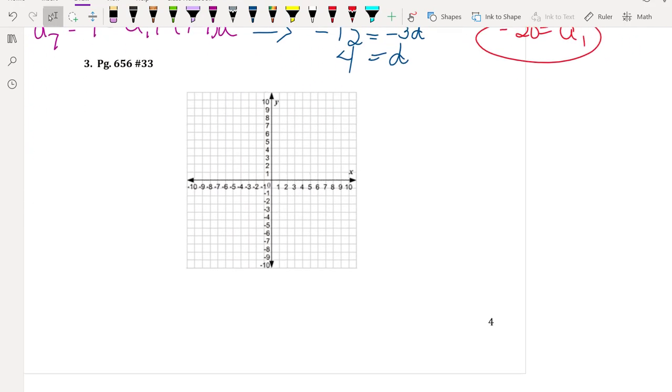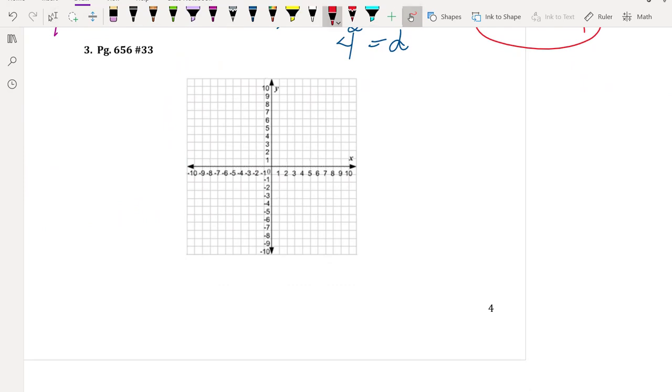All right, and then finally, graphing a sequence. So you can see how they are related to functions. So we're going to graph A sub n equals 2 minus 1 over n. And you can go ahead and put this in your calculator.